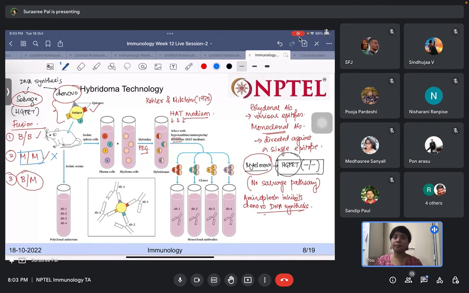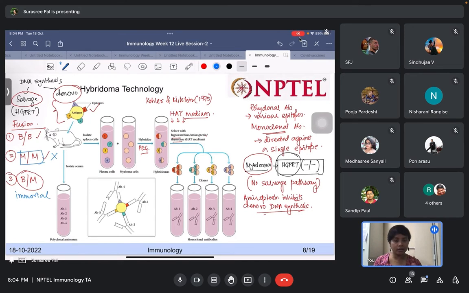Next is the fusion of a B cell with a B cell. Both these B cells are perfectly normal, so they are able to survive. But B cells in vitro have a very low shelf life, so they will naturally die after some time. They are not immortal cells, right? However, the fusion of a B cell with a myeloma cell will be immortal because the myeloma cell is a cancerous cell.